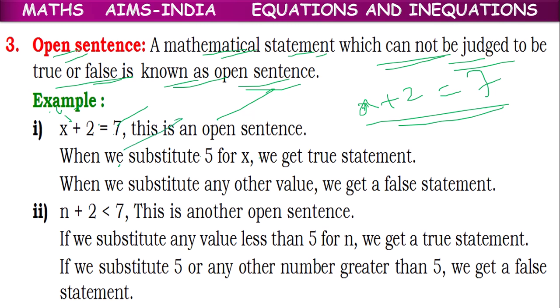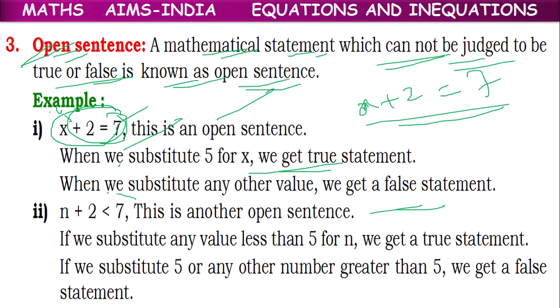So it can be true, it can be false. Same sentence can be true or false depending on the values. So which is not the definition of normal mathematical sentence. So it's an example of open sentence.